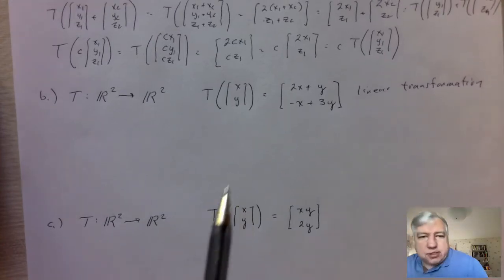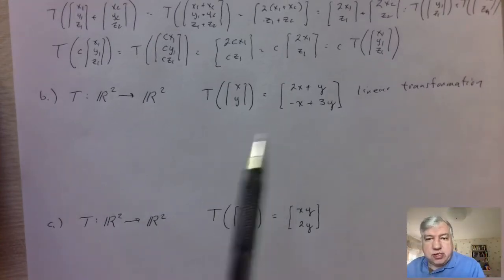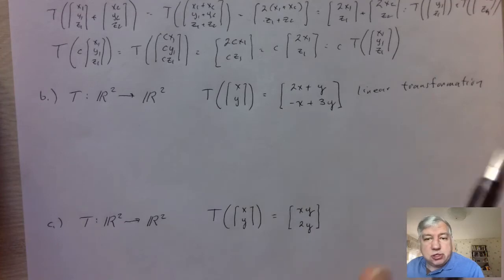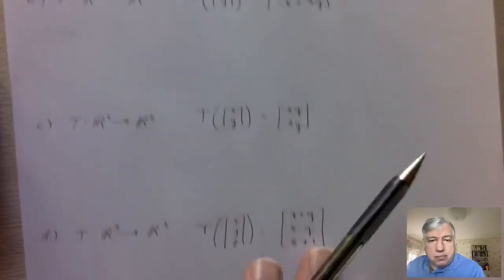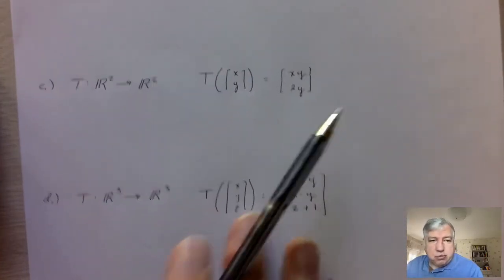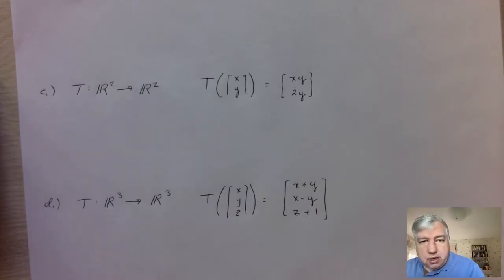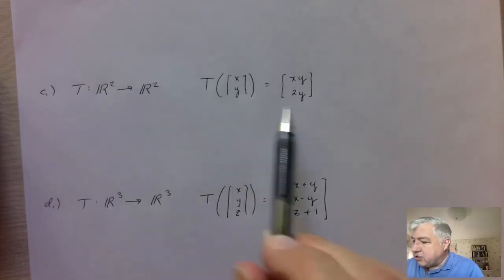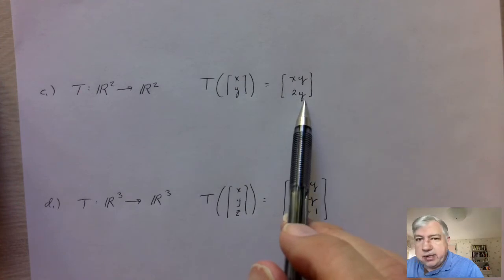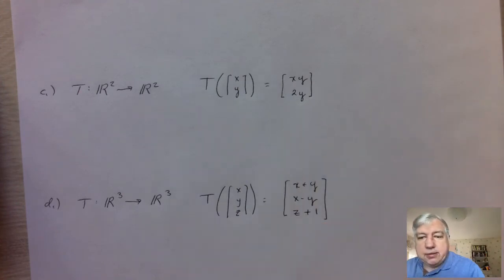We'll come back to this vector and this way, and we're going to see there's an easier way to check. But let's look at this example C. So this sends the vector (x, y) to (x times y, 2y). And this turns out will not be a linear transformation, and it's because of this xy here.